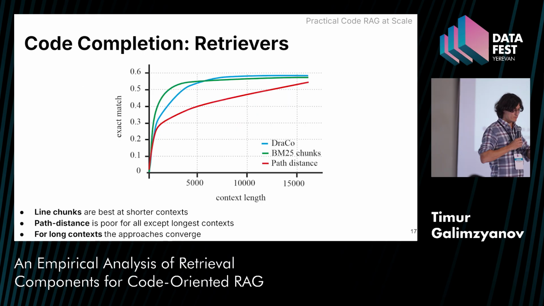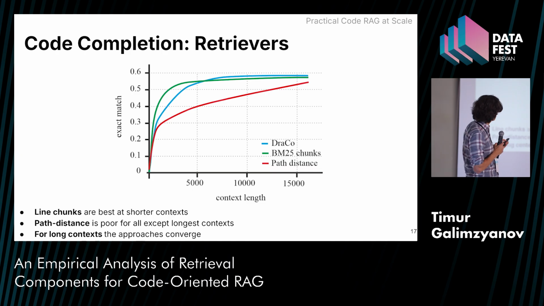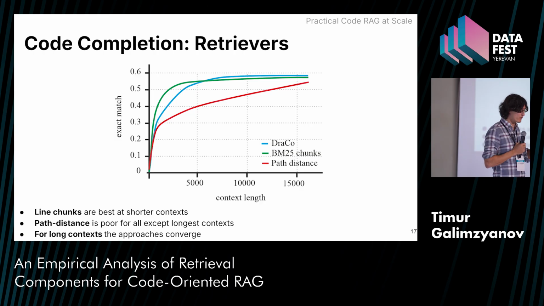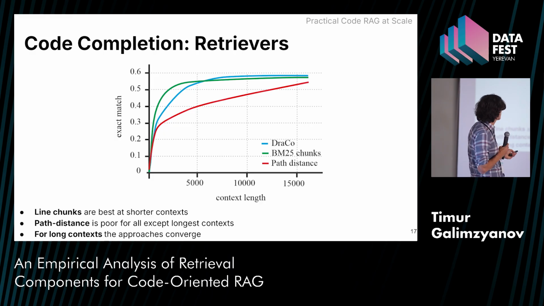Also, we benchmarked three different retrievers. The first one is BM25, which I spoke about before. Draco is a repo-structure-aware retriever, which is aware of the data flow graph and AST, and path distance is our baseline method. First of all, you see that BM25 almost beats all other approaches here.